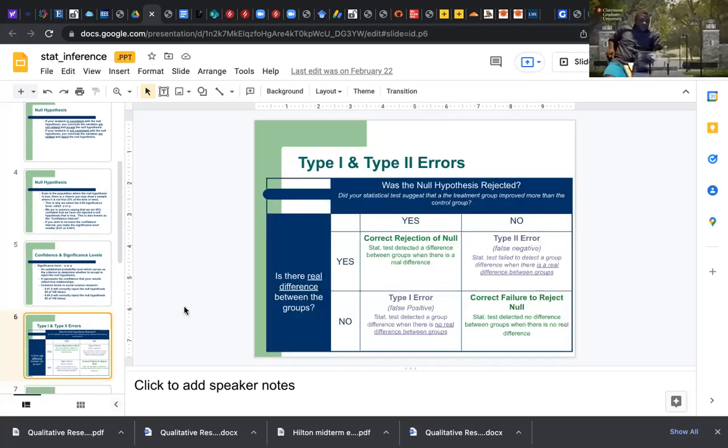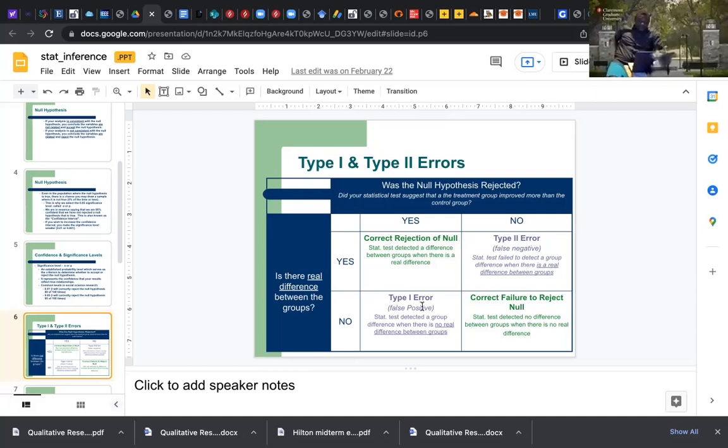So we have the type 1 and type 2 errors, false positive, and I know you know all this already. So in type 1, correct rejection of the null hypothesis means the statistics detected a difference between the groups. There is a real difference. But you make an error when you say there's a real difference between the groups whereas there is none.